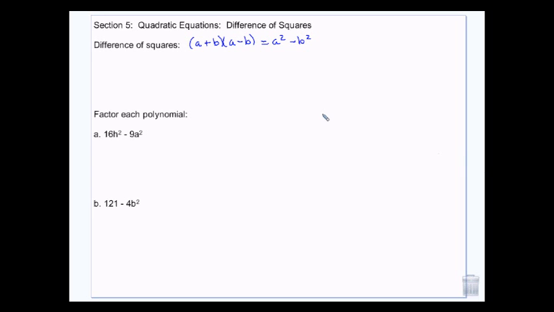So a difference of squares occurs if you have a perfect square, so this is perfect square number 1, minus perfect square number 2.